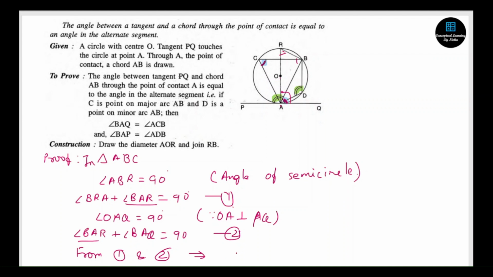What I can conclude? Angle BAQ equals angle BRA. Okay. Now if I talk about this chord, this arc AB, cat face, and ears, 2 ears.